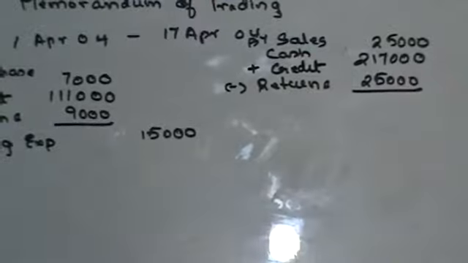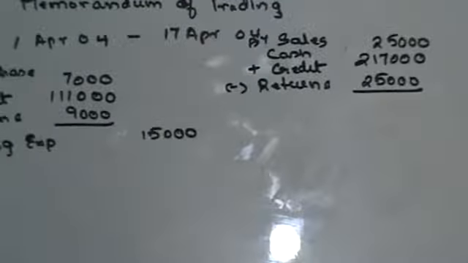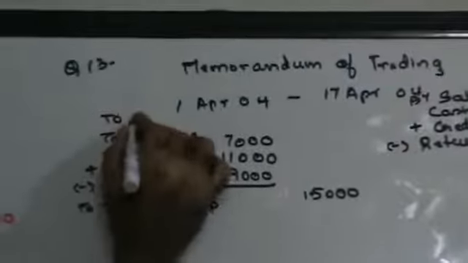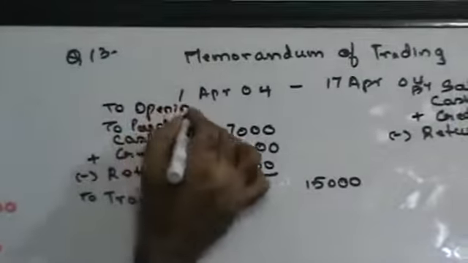Next, stock statement submitted to bank on 1st April 2004, indicating stock at an inflated value of 10% above cost. Now here you will have to take opening stock.